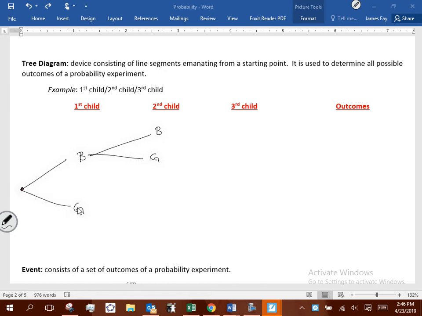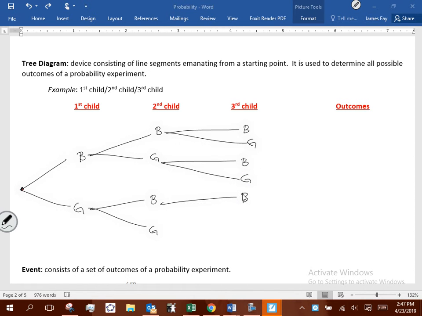If I had a girl as my first child, what's the options for a second child? Boy again or girl. If I went boy, boy, third child could be boy or a girl. If I go boy, girl, third child could be boy, girl. And I'm hoping you get the idea here.